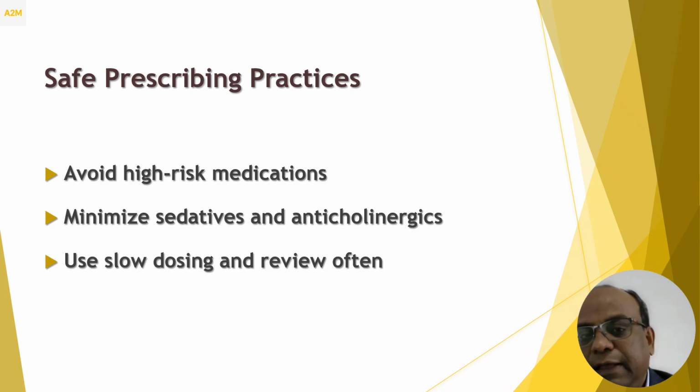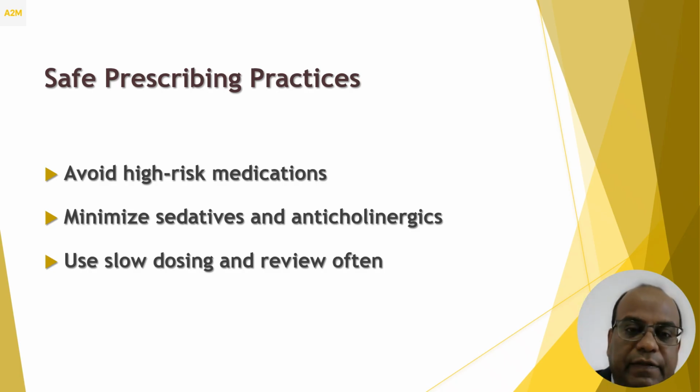So we must be careful with certain medicines, particularly sleeping pills, sedatives, strong medicines, and anticholinergic drugs, because they can cause confusion, falls, and memory issues. These should be avoided whenever possible.